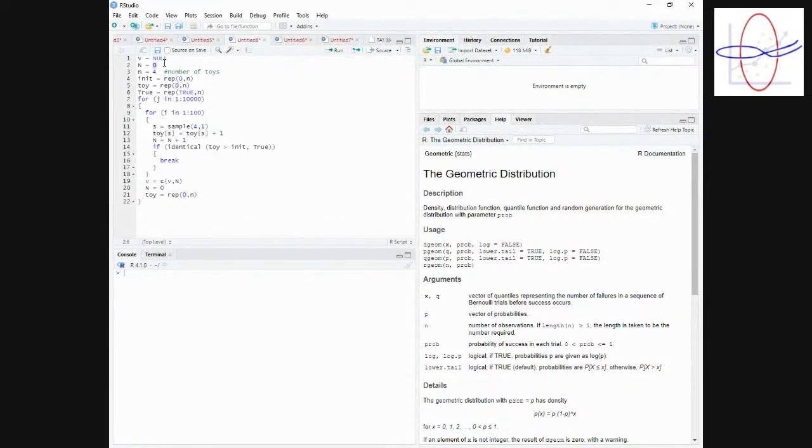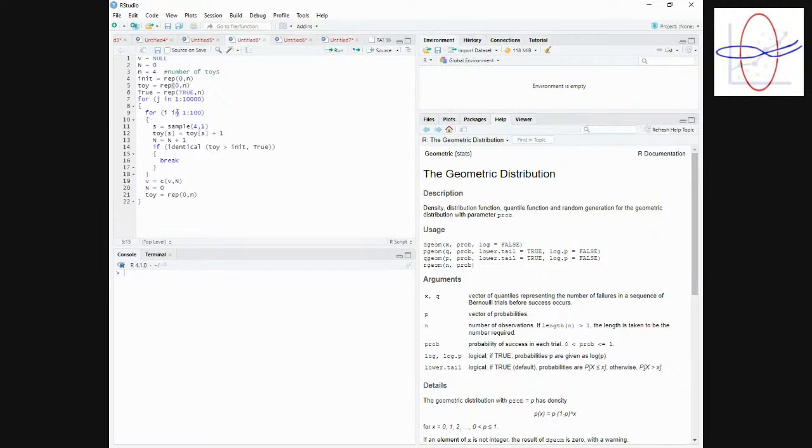So the number of toys is n equal to 4 over here. For i in 1 to 100, we are taking a sample of 4. What exactly are we trying to understand here? I will make you understand this step by step.